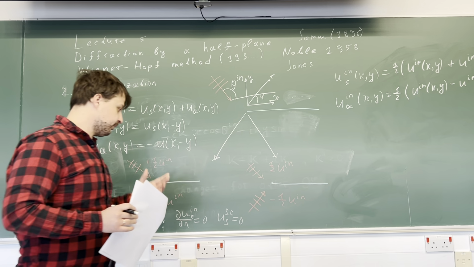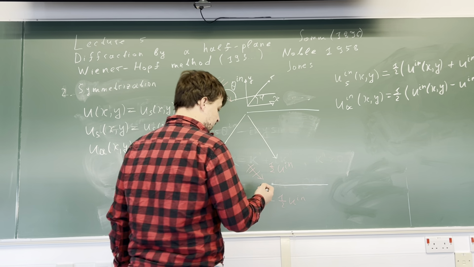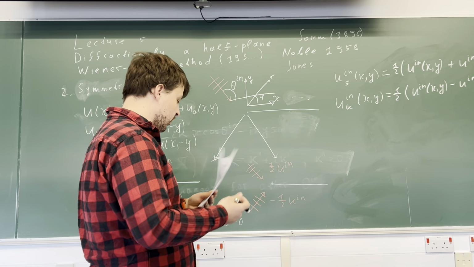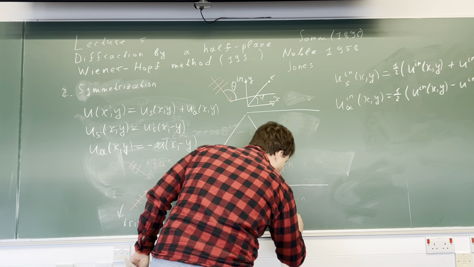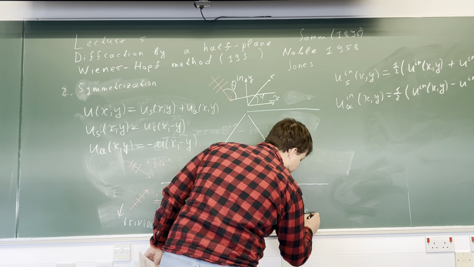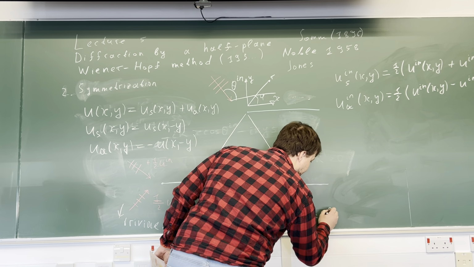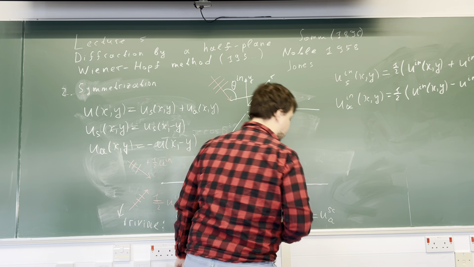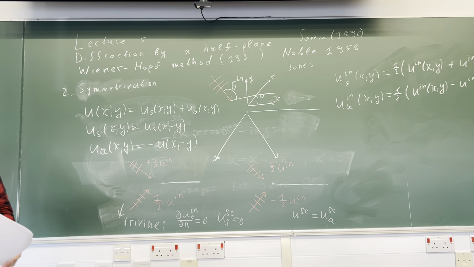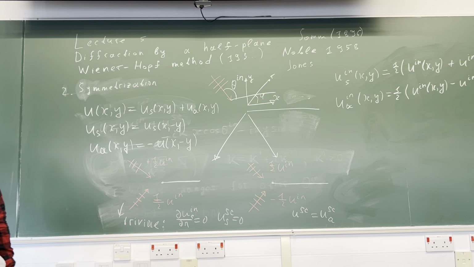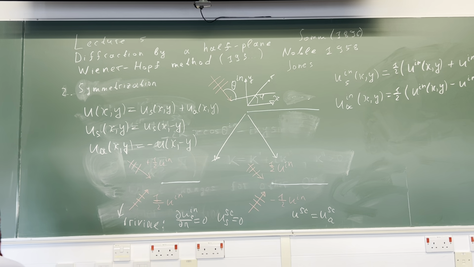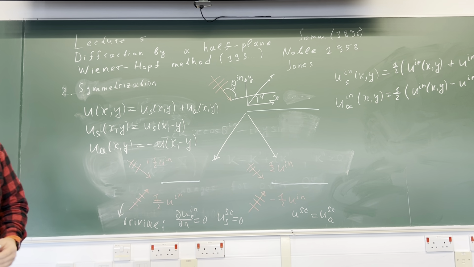And this other problem is more complicated, of course, but it means that all our scattered field is antisymmetric. Make sense? Questions? It's okay. Good.